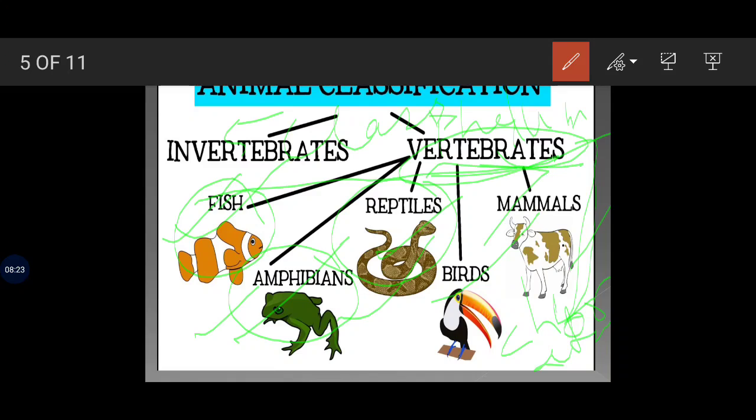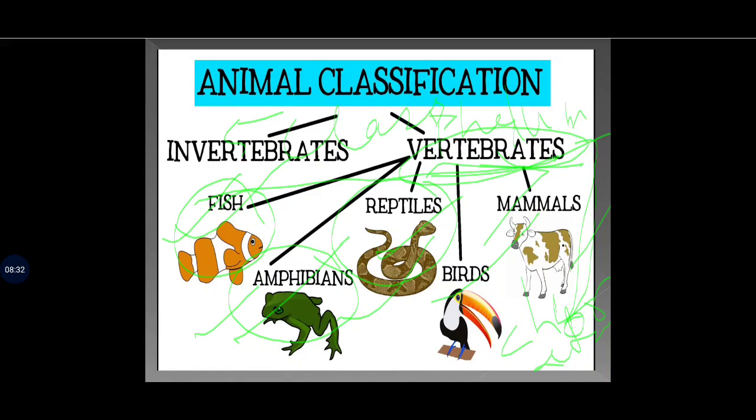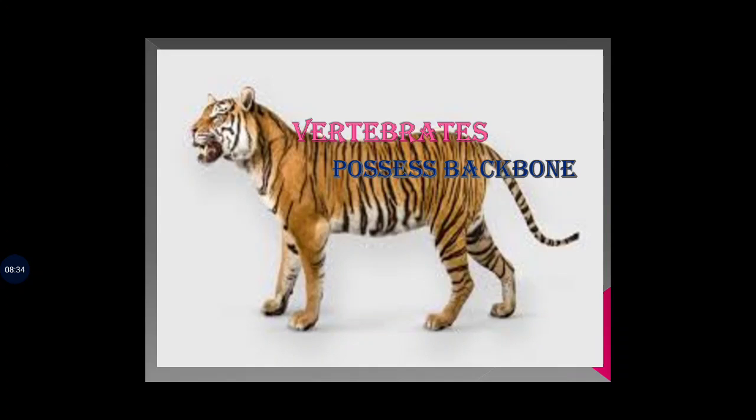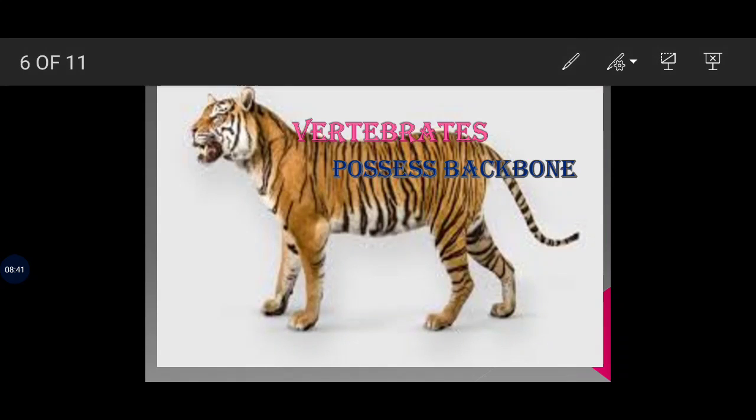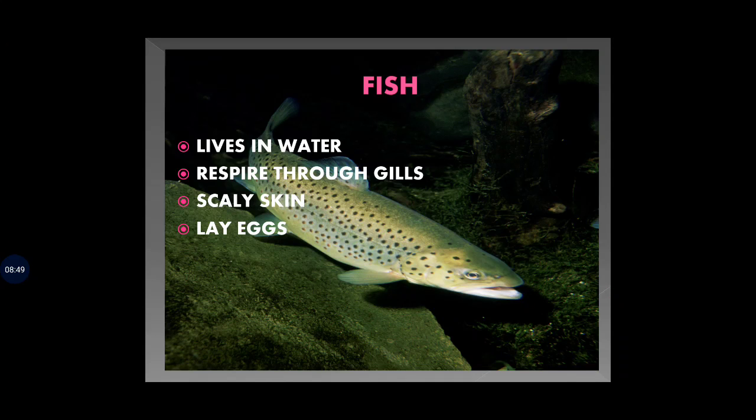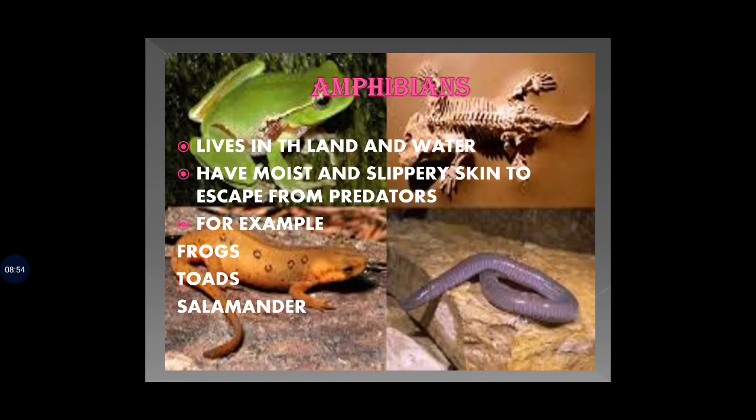That is why we study these classes starting from fish, then amphibians, reptiles, birds, and mammals. So let's begin with the introduction of vertebrates. Vertebrates are the animals or members that possess a backbone. The first, as I have already said, we'll study about the fish.